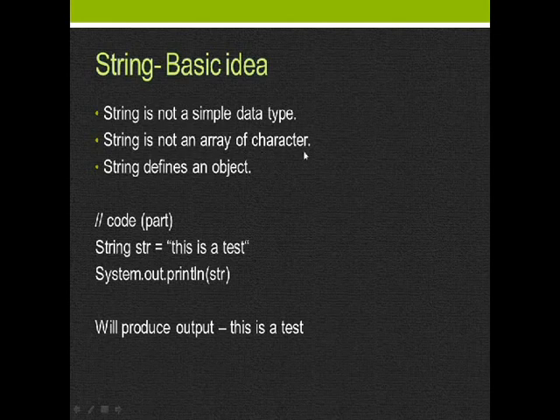If we have some idea about the C programming language, then we may recall that a string is an array of characters, but here in Java, a string is not an array of characters. String defines an object. In the object oriented programming paradigm, string defines an object.